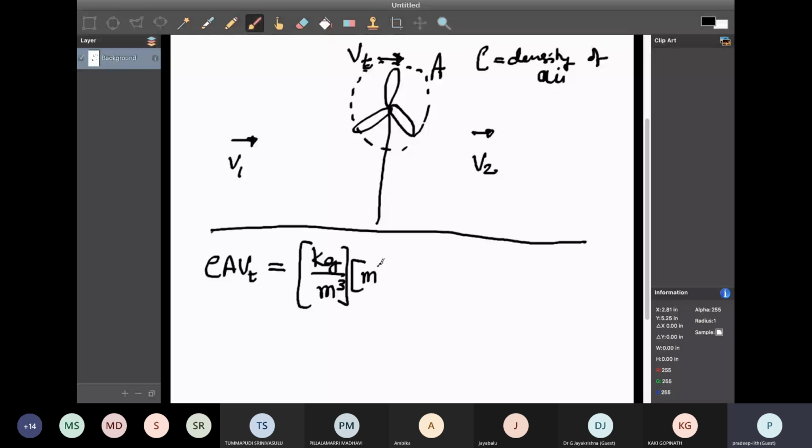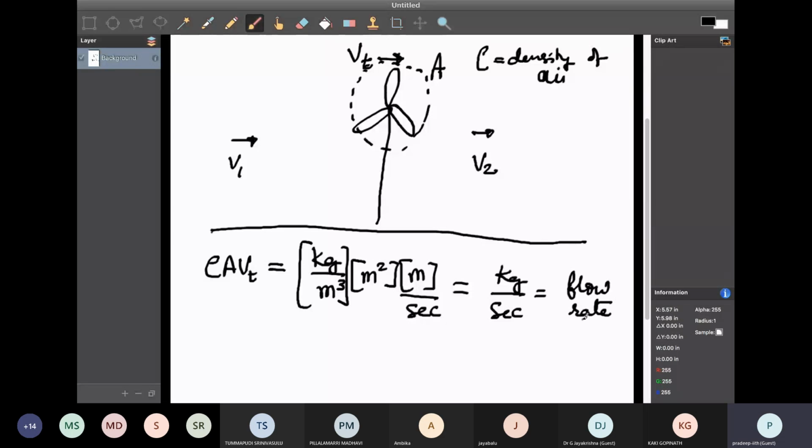And similarly, the unit of the velocity Vt will be meters per second. Finally, if you notice here, the meter cube is in the denominator, meter square and meter are in the numerator. So all this m will get cancelled, and finally we'll get kg per second. So this kg per second is nothing but flow rate.